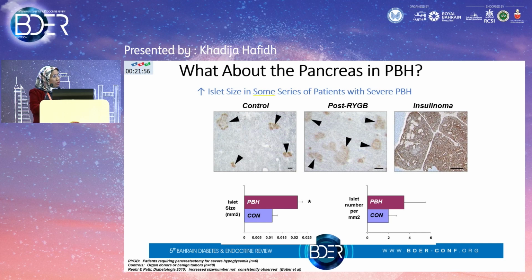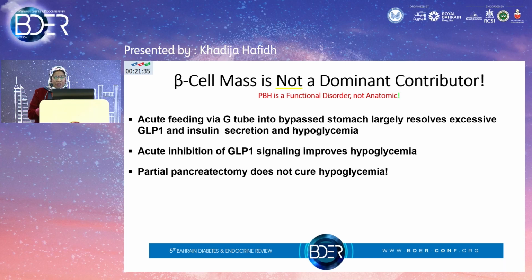I don't know if that, no, does it? No, the pointer doesn't work. And then you have the patients in the middle are the ones who've had a post-bariatric procedure. And then, of course, on the far end, you have the insulinoma, where you can see the really dark staining. Now, beta cell is not a predominant predictor.